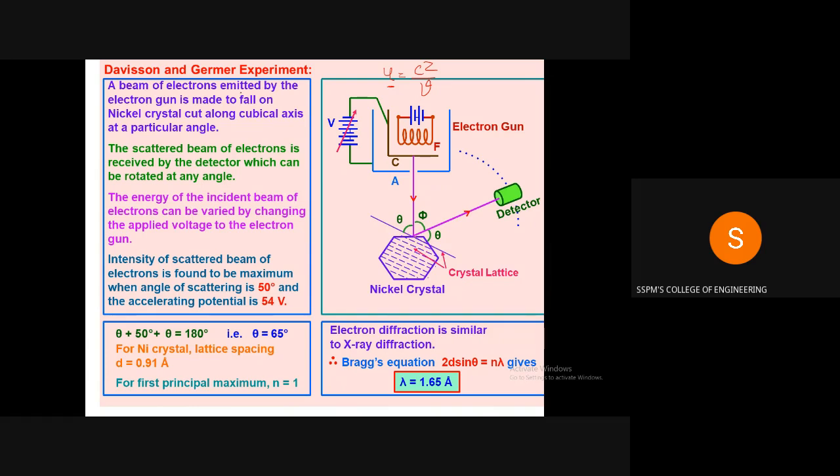Okay. So this crystal consists of a large number of sets of planes, and here is the detector. What happens when the electrons interact with such a crystal is that the crystal can act as a three-dimensional diffraction grating. So that diffraction effect is observed.